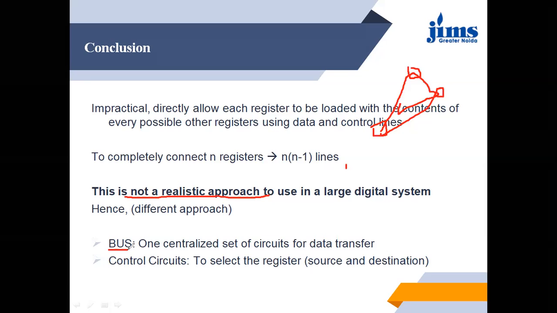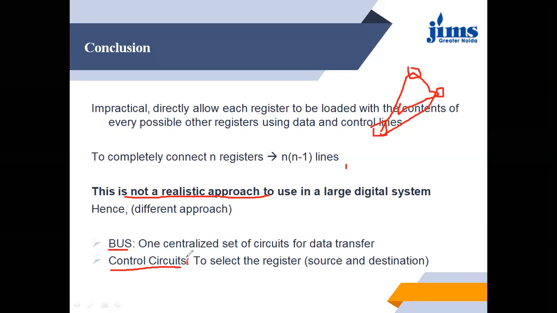We will apply the same concept here: we have some buses, which can be used to transfer different data at different times, and those are controlled by using control circuits or control signals.